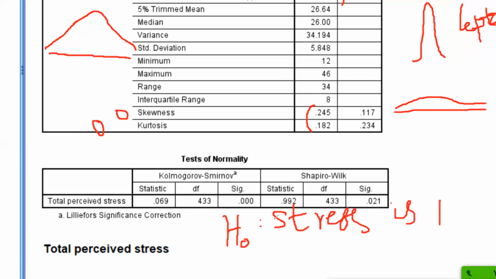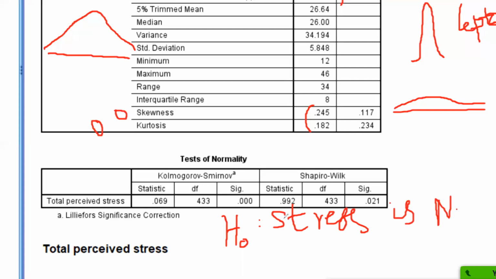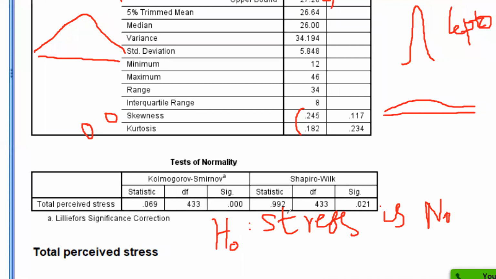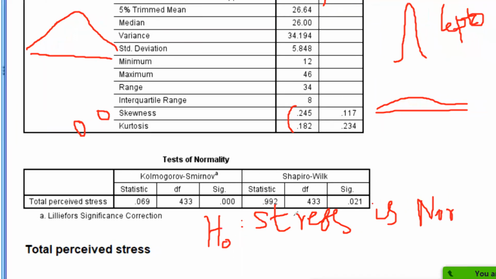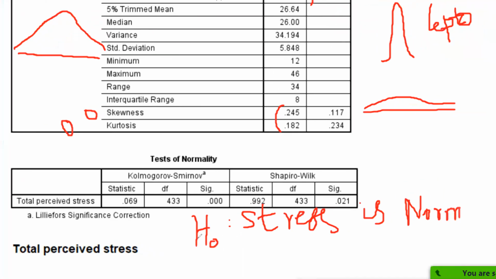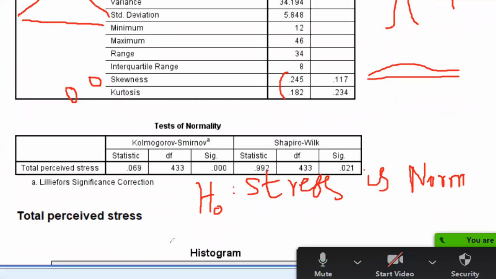And the alternate hypothesis is H1: data is not normal. These are the two important hypotheses.